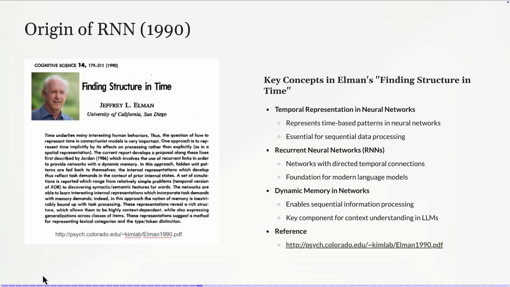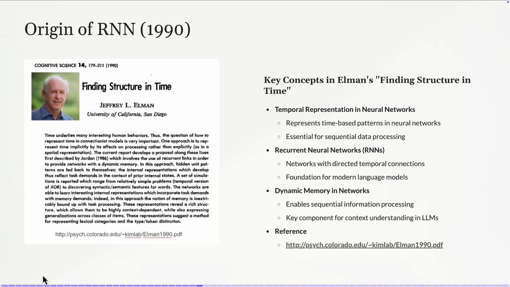So you can see the concept of RNN is quite old. It also defined the problem for recurrent neural networks, which are networks with directed temporal connections and dynamic memory, because we need to capture the relationship between the different items in a sequence.